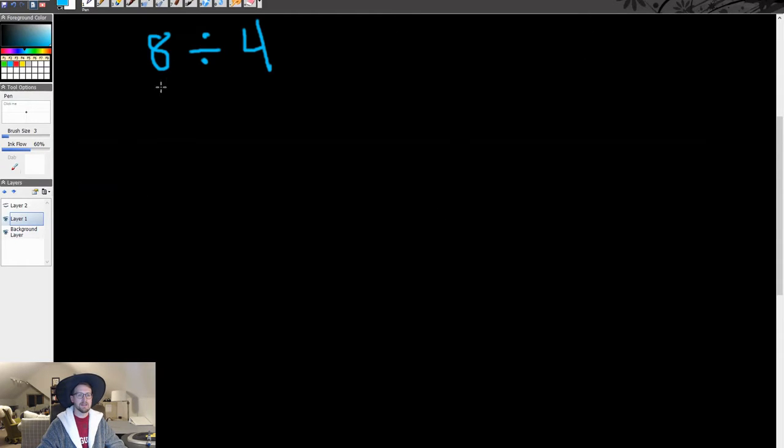So thinking about this 8 as 8 ones, and then dividing those up like we were dividing the Skittles in the problems we were doing before. The way this problem works is you're going to write the number 8 up here.